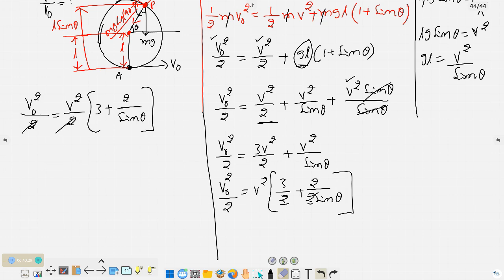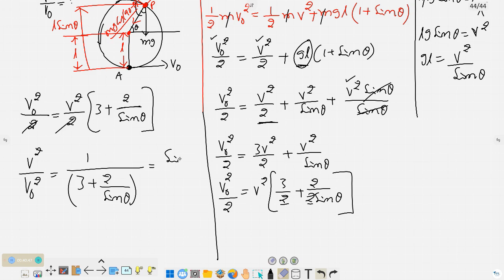So our requirement is V square by V naught square. That means I can write V square by V naught square is equal to 1 by 3 plus 2 by sine theta. Now if you solve it by taking the LCM, I can write this as sine theta by 3 sine theta plus 2.